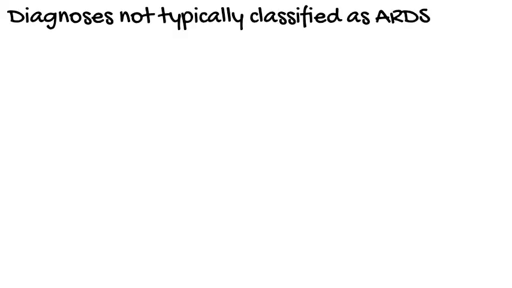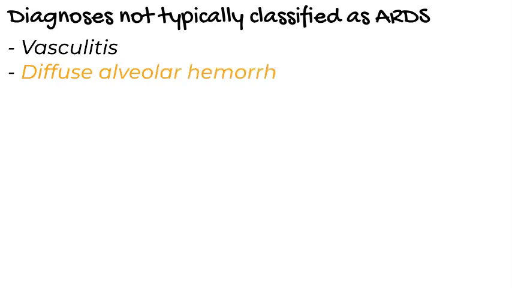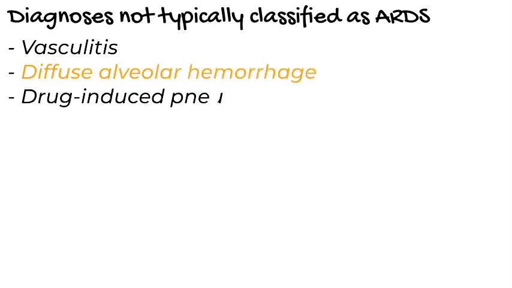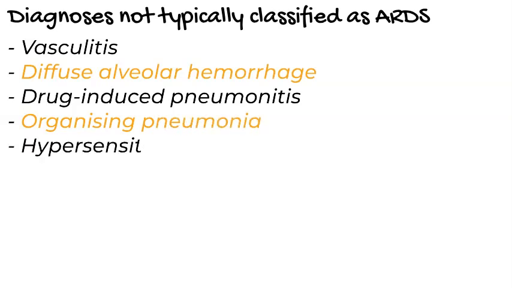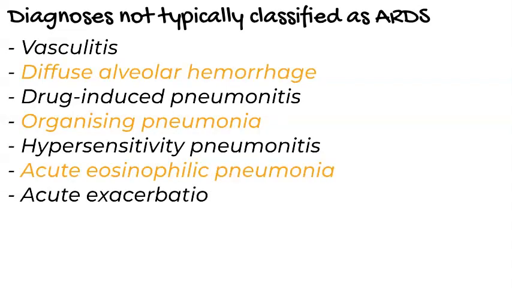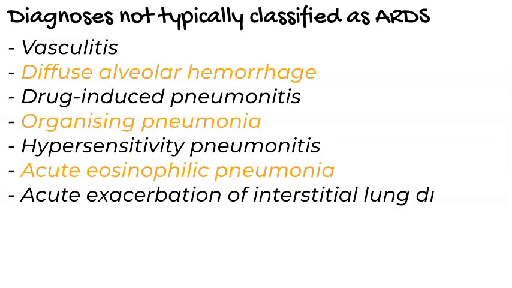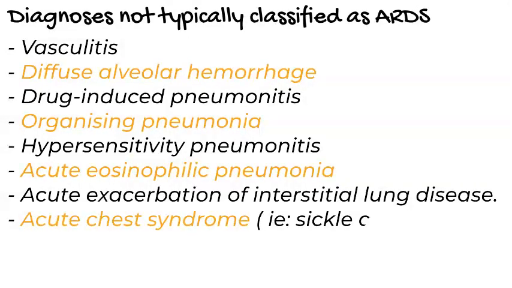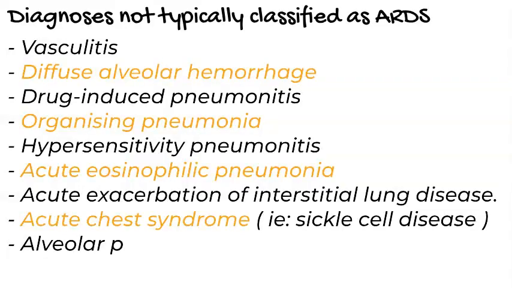Diagnoses not typically classified as ARDS: vasculitis, diffuse alveolar hemorrhage, drug-induced pneumonitis, organizing pneumonia, hypersensitivity pneumonitis, acute eosinophilic pneumonia, acute exacerbation of interstitial lung disease, acute chest syndrome in sickle cell disease, alveolar proteinosis, malignancy.